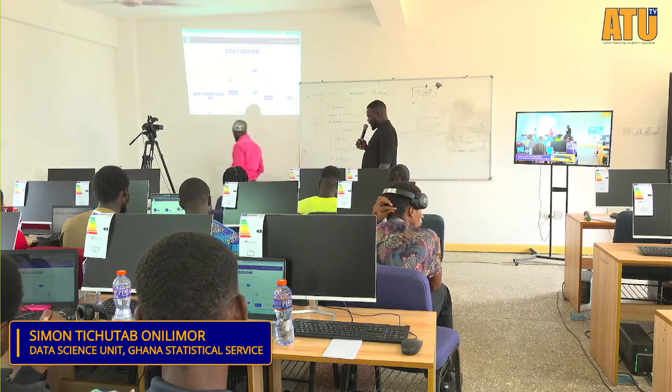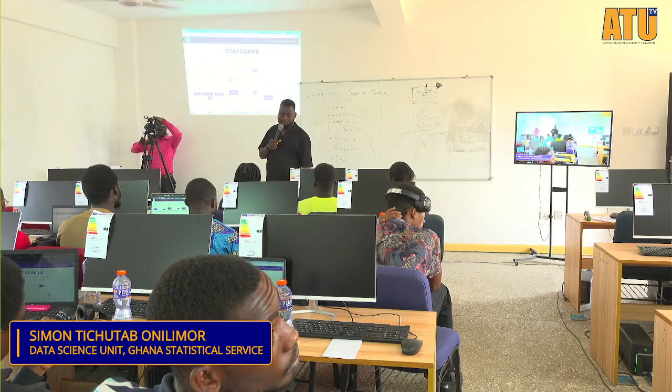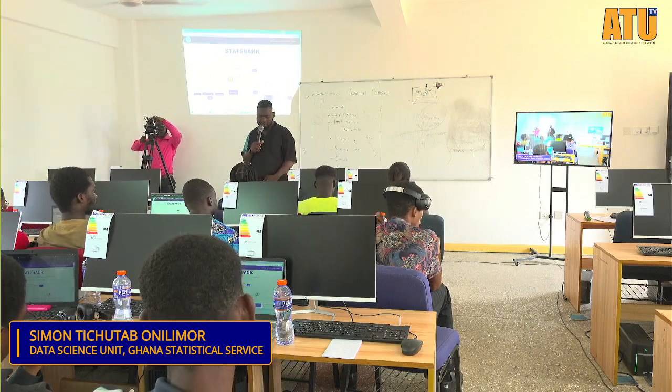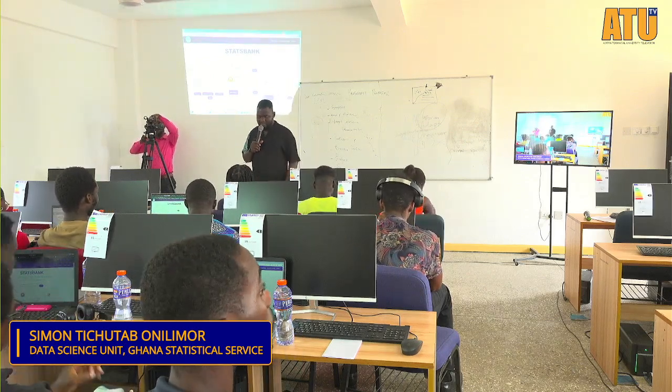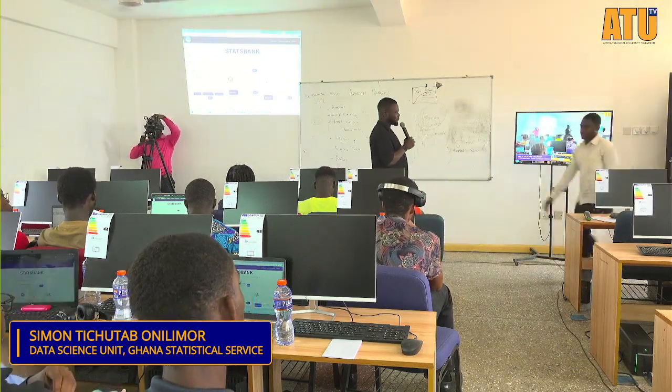So if you are using data from anywhere else and it is not GSS, I'm not saying it is wrong, but look at it and look at it again, okay? Because we have the mandate. We have the legal mandate to do so.